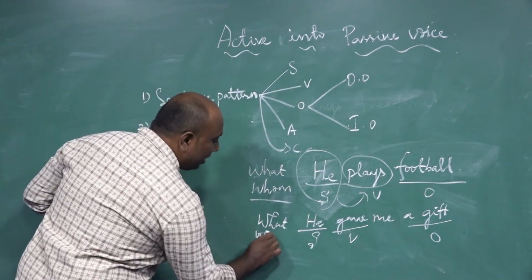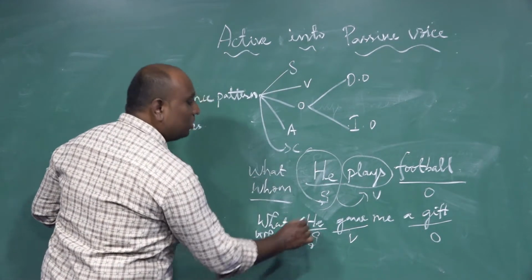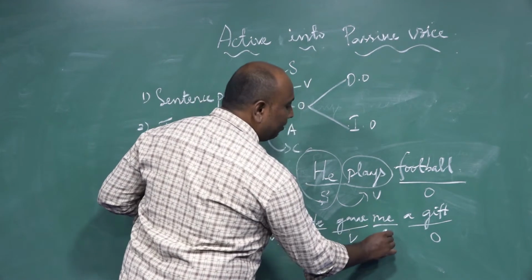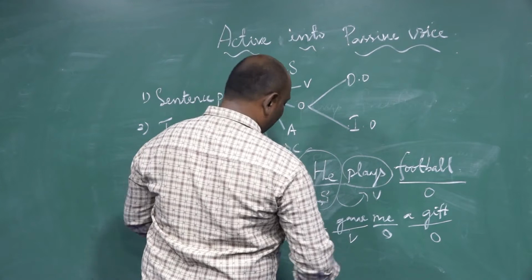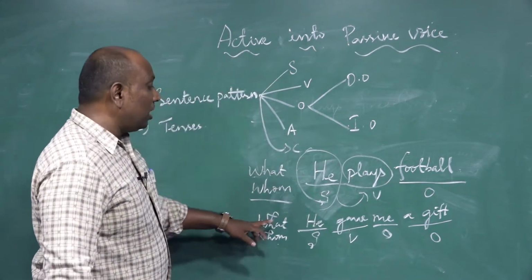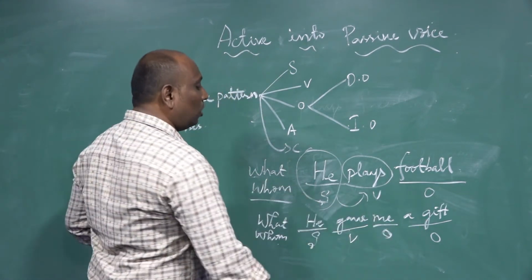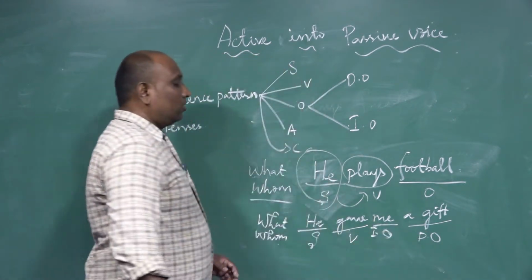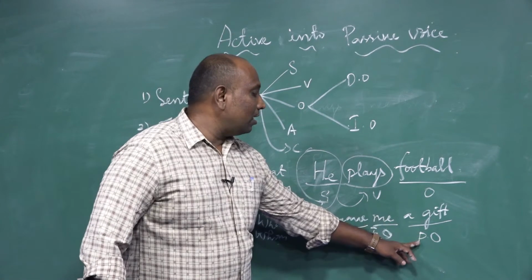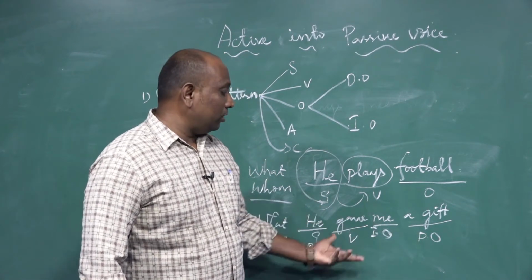And whom he gave? We are getting another answer here. So we are getting two objects: one is direct object, another one is indirect object. The question word what gives the direct object, and whom gives the indirect object. Generally things are direct objects, persons are indirect objects.